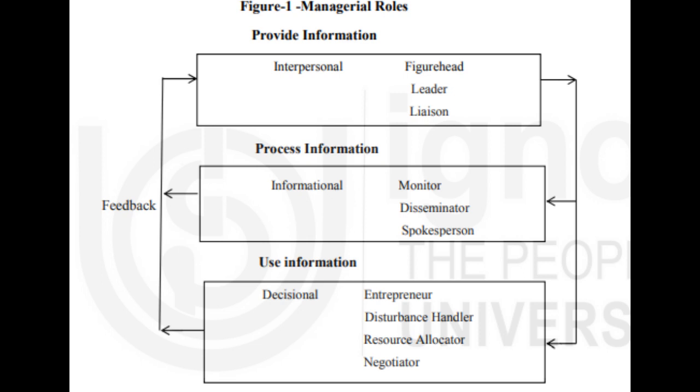Figure 1. Interpersonal role. The 3 interpersonal roles are primarily concerned with interpersonal relationships. The figurehead role allows the manager to represent the organization in all official business. As a symbolic head, the manager performs a number of routine duties of a legal and social nature.